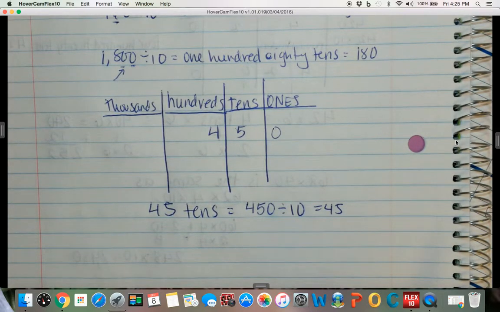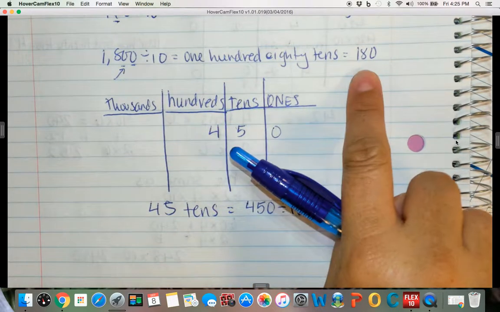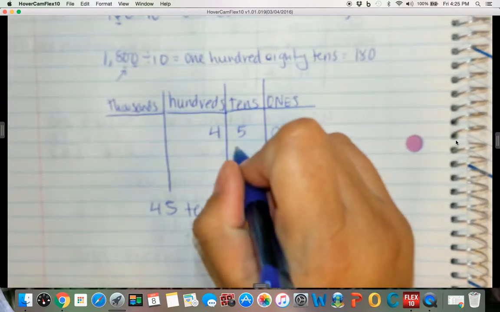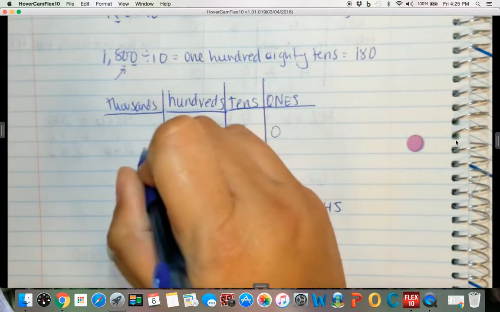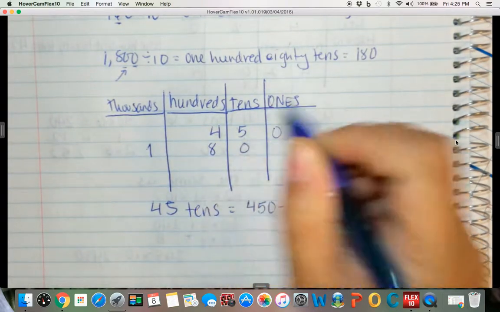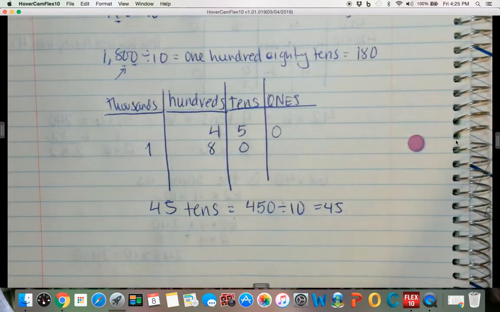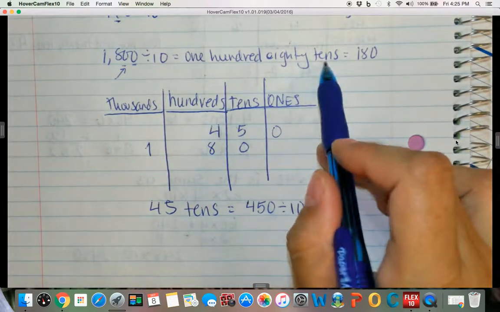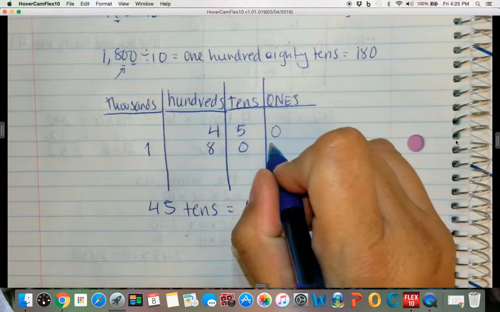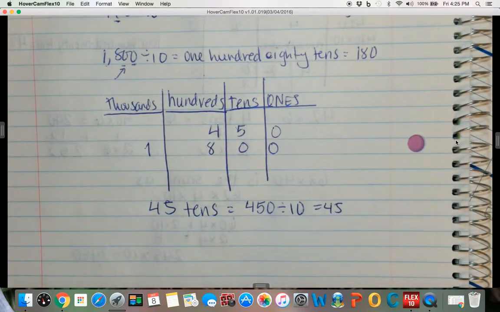That way you can see it in the chart. 180 tens means that I'm putting 180 and I'm ending it in my tens place, but 180 tens is actually 1,800. So I have 180 tens. Now I'm going to divide it by, instead of 10, I'm going to divide it by 100.